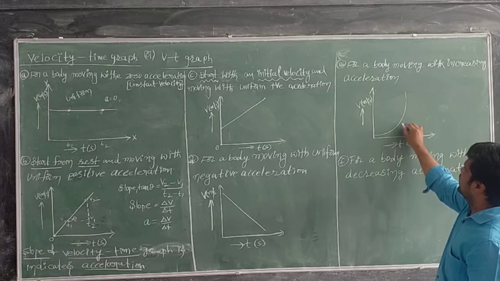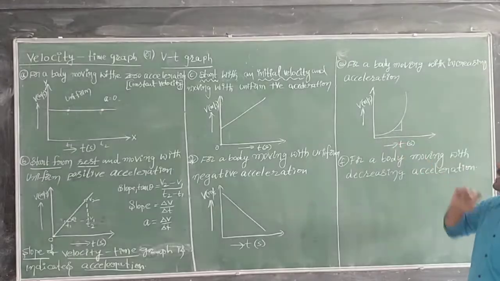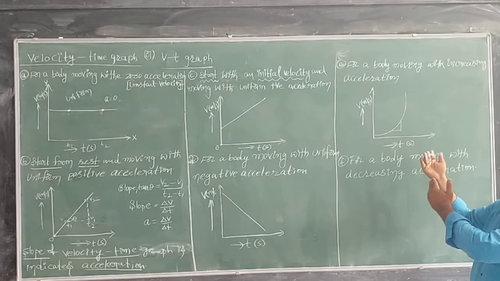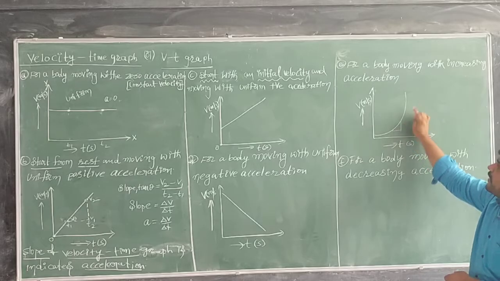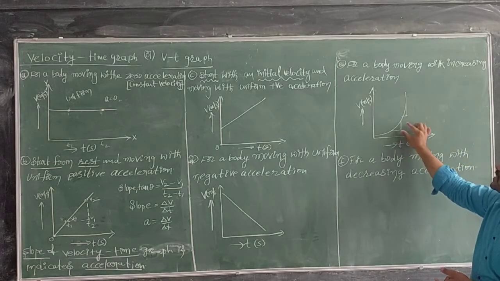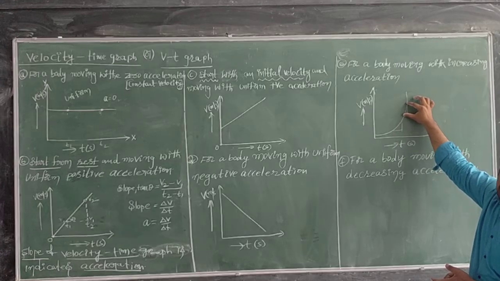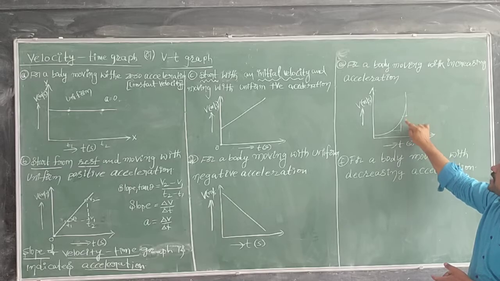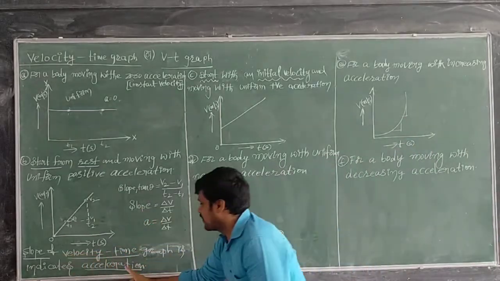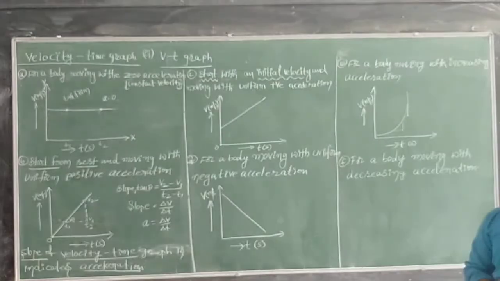The slope of the velocity time graph indicates the acceleration. Here some slope value is there, here some other slope value. In the first case the slope is smaller, in the second case the slope is larger. That means from here to here the slope value is increasing. The slope of the velocity time graph means acceleration, and from here to here it is increasing.